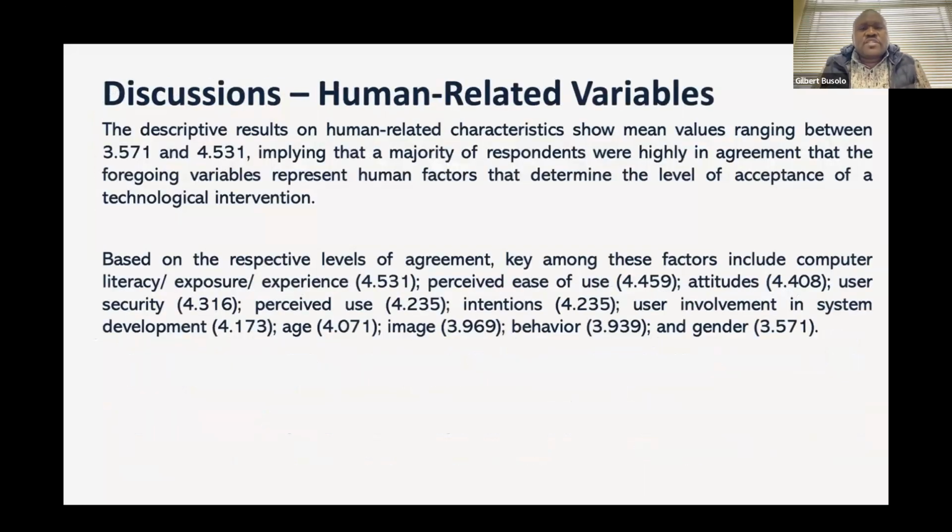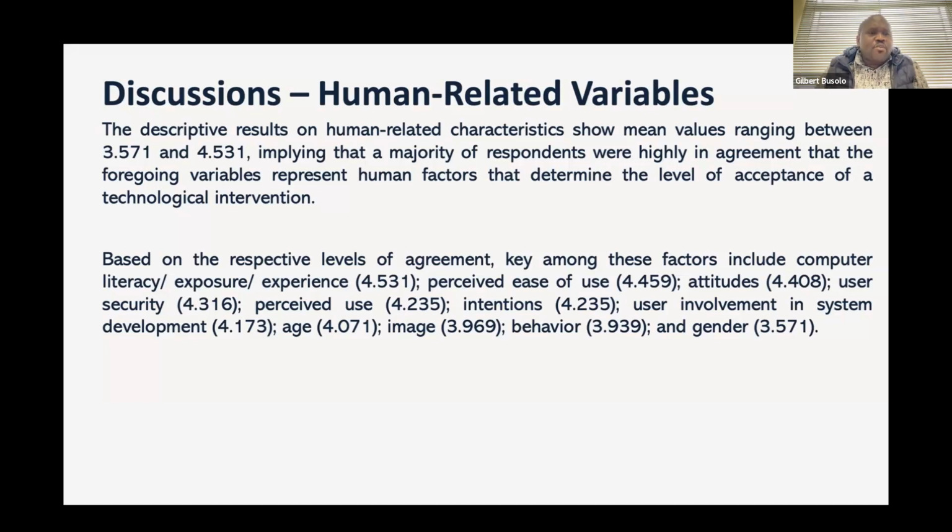So even in terms of discussions, as I did the tables, we could see that for the human-related variables, in terms of weights, computer literacy scores very highly. Perceived ease of use comes in, the attitude towards the implementation, towards the proposed system, and towards the process scores very highly.